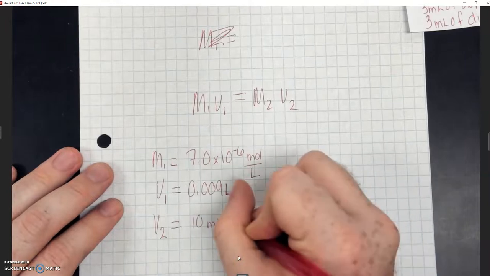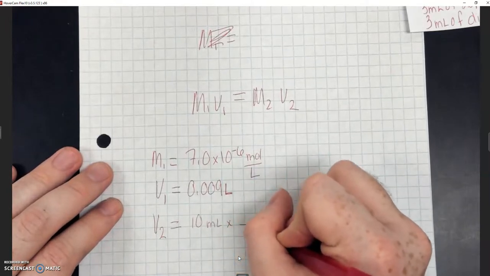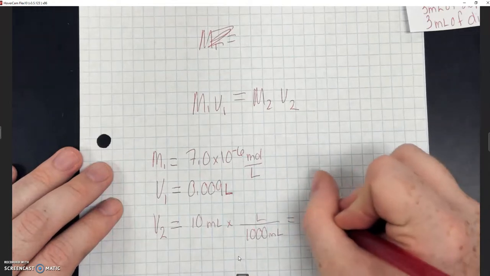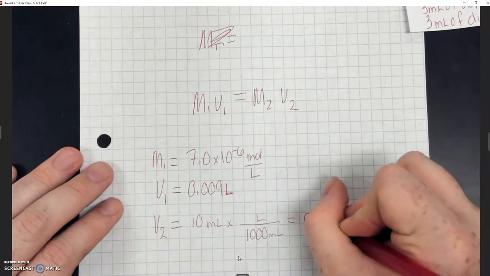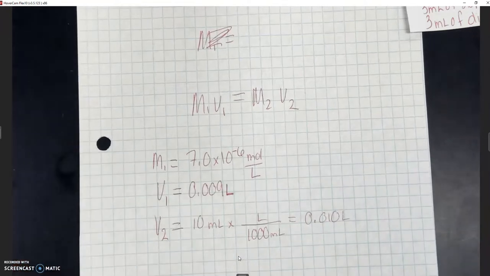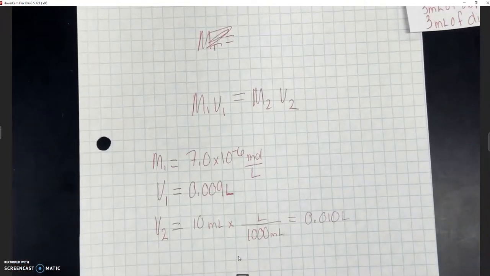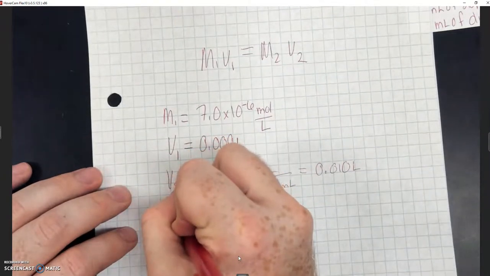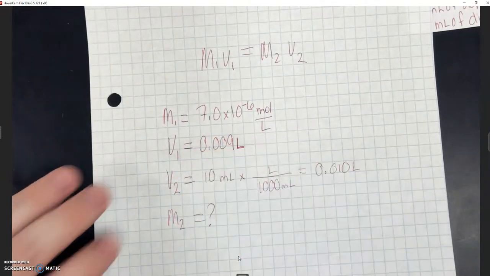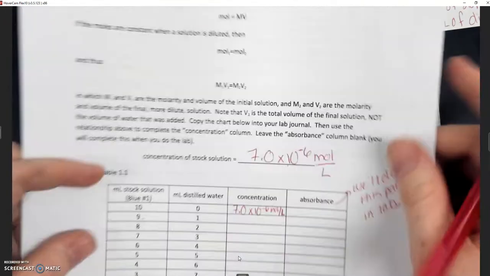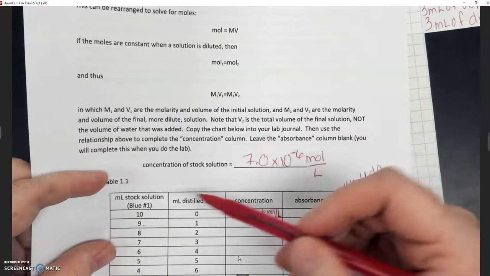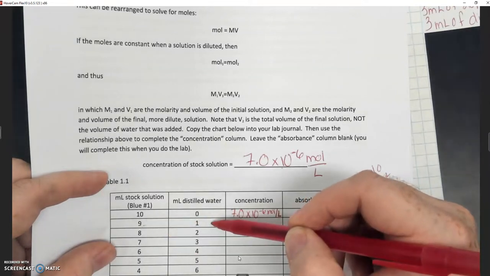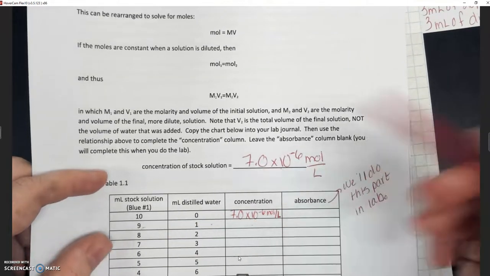But we got to convert that to liters, which is going to be 0.010 liters. My M2, that's what I'm looking for in this case, because that's this concentration right here. After I add 9 milliliters of stock to 1 milliliter of solution, what's my new concentration going to be?